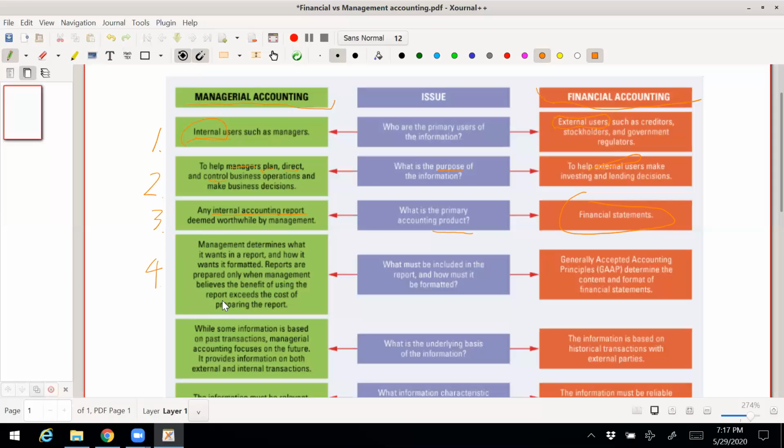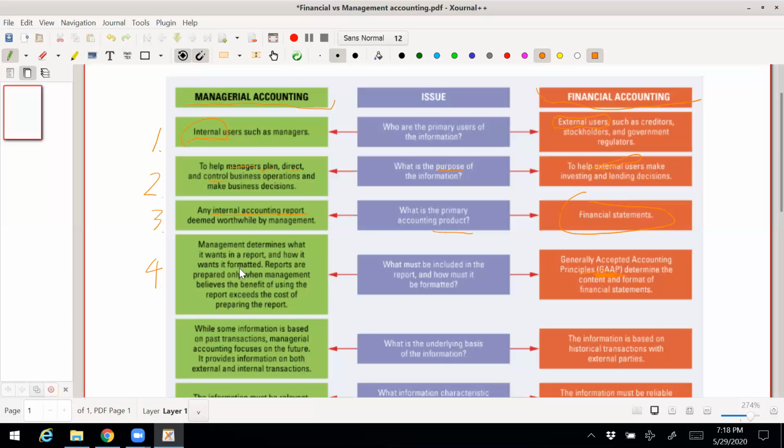Part 4, the difference is what should be included and how it will be formatted. Financial accounting, especially for listed firms, has to follow a specific format, which is issued by GAAP, right? But managerial accounting is internal, so your learning objective is different from mine, and we will have different reports.